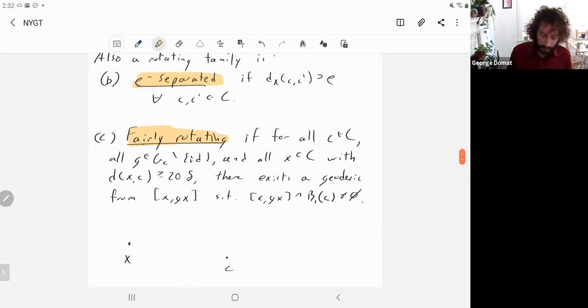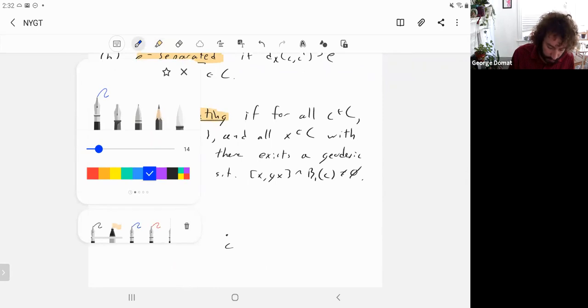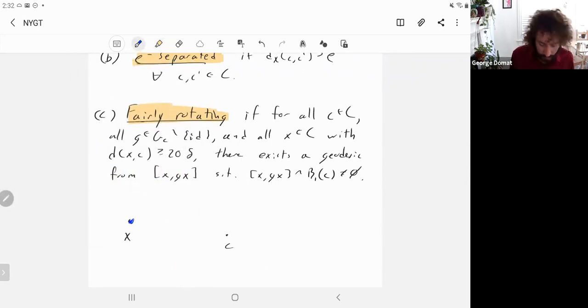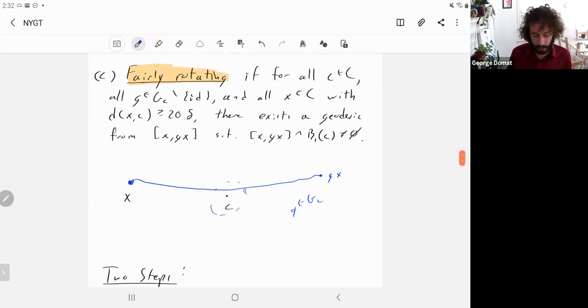But what it says is that for all c and all g's in the corresponding group associated at that point c, well, then if you look at any other point x in C, that's at least some distance away from c, I'm realizing now that maybe I should have called them different things than C and c, but okay, now you take any other point in your set and hit it by some element in this group G_c. Well, what's going to happen is if you draw the geodesic between them, you pass close to c. So you pass within the one ball of c. So that's what rotating says.